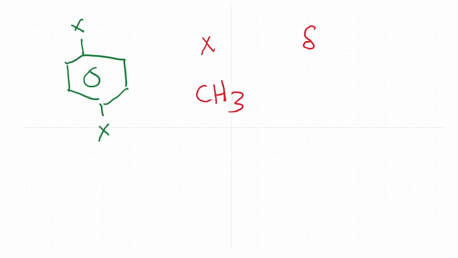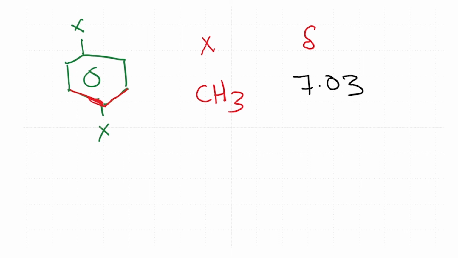If there are two methyl groups at the 1 and 4 positions of the benzene ring, the delta value is 7.03. This value is again lower than that of benzene, and one can understand this by the weakly electron donating effect of the methyl group.